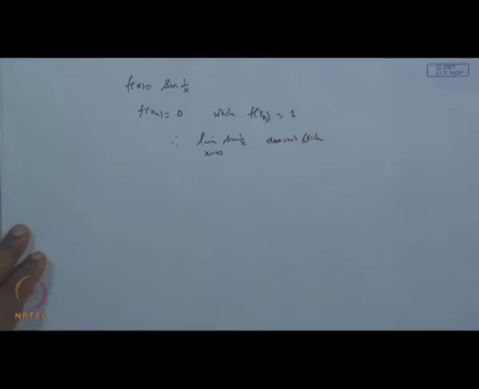Now, as I told, we are assuming the limit is unique, is it not? A limit cannot be two. If the limit of the function f exists, it will be unique. So let us prove this result, and all the exercises which we have depend on this only.